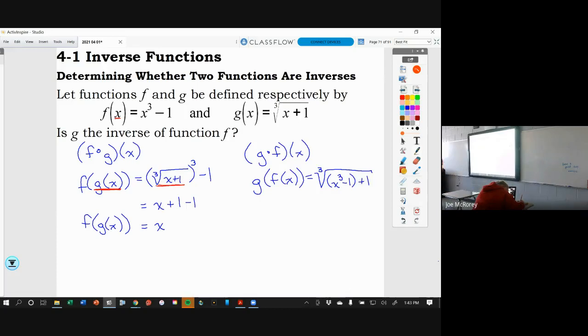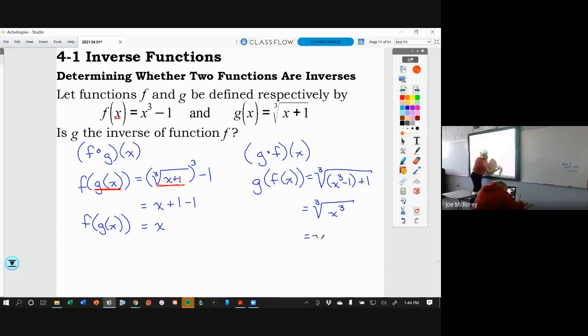Sometimes the parentheses are useful, sometimes they're not. Do these parentheses serve any purpose for us? No. Okay, so I can basically ignore them. So inside the radical, I now have the cubed root of x cubed minus 1 plus 1, so they'll cancel each other out. And what is the cubed root of x cubed?